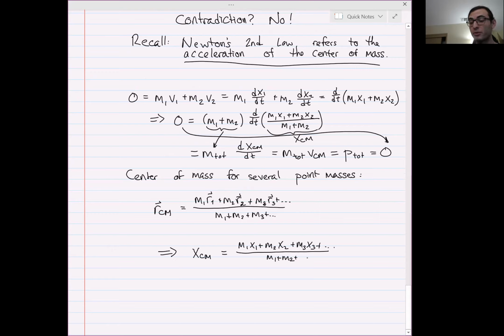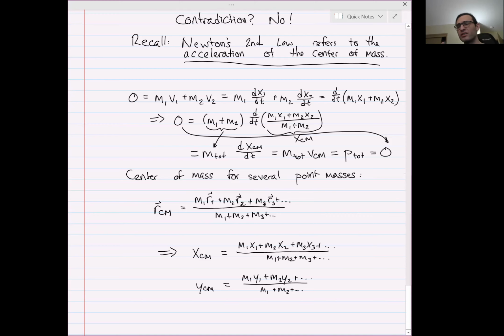And then you could do the same thing for the center of mass position in the y direction: m1 y1 plus m2 y2 plus dot dot dot, divided by m1 plus m2 plus dot dot dot. And then you could do the same thing for the z direction.